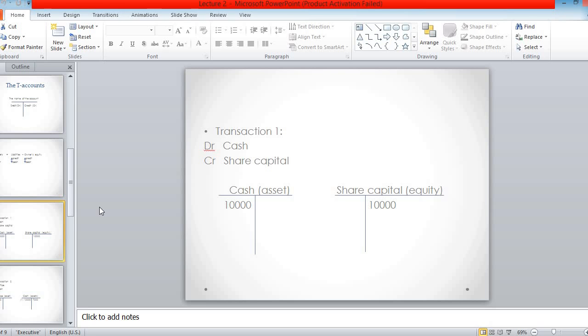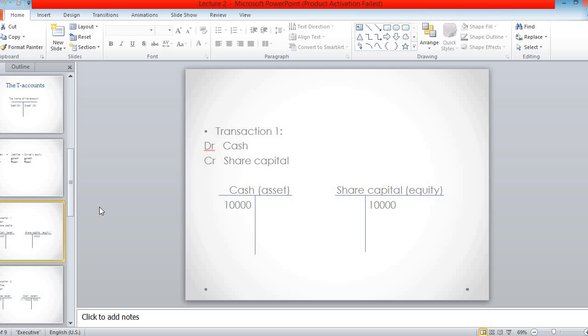Another term here is share capital. Share capital is earned when we issue shares, and it shows how many shares we have on the market. So we will credit share capital. Share capital is one of our equity, and so an increase in equity is a credit entry.